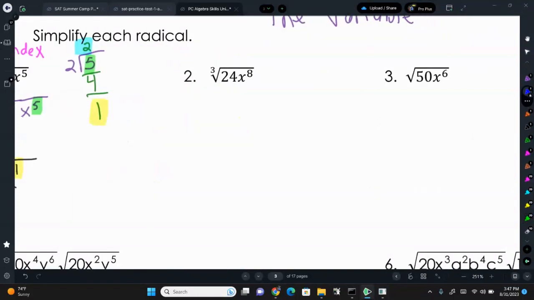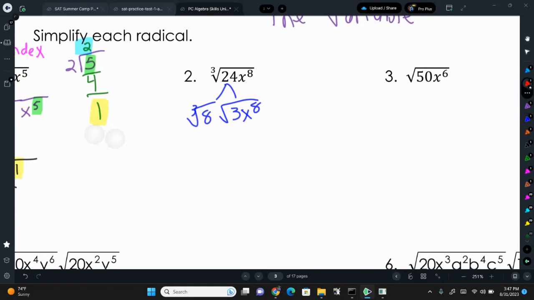So now this one, it's the third root. So we're going to break up 24 into the third root of 8 and the third root of 3x to the 8th power. So now the third root of 8 is 2.